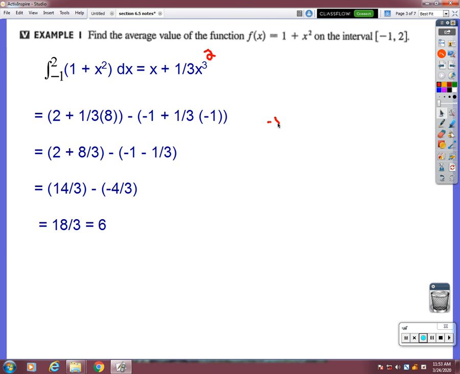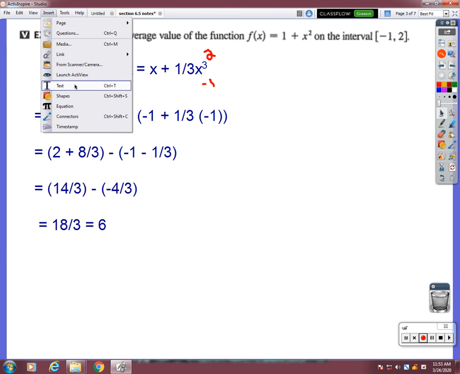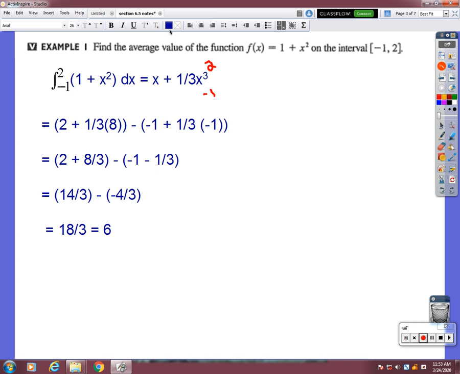To find the average value, then we have to take this and divide it by the width of the interval. So since we're doing the integral from -1 to 2, we have to take our answer 6 and divide it by 2 minus -1, which is 6 divided by 3, which is 2.